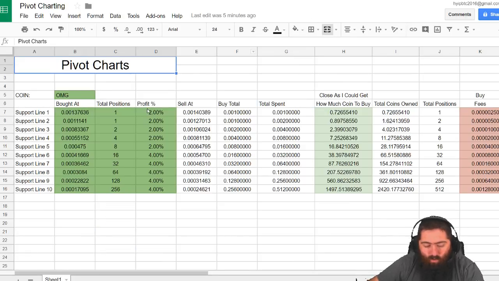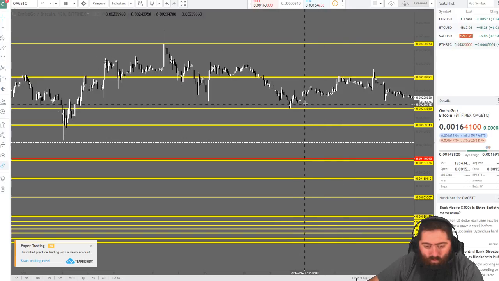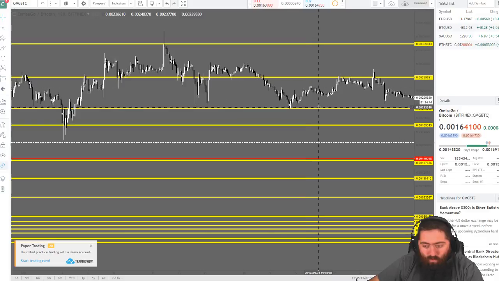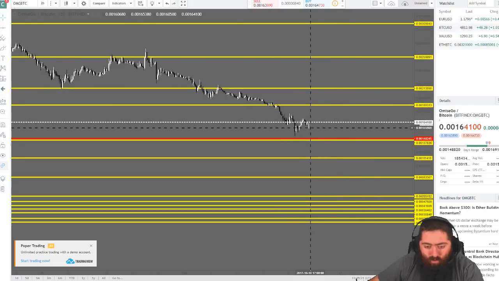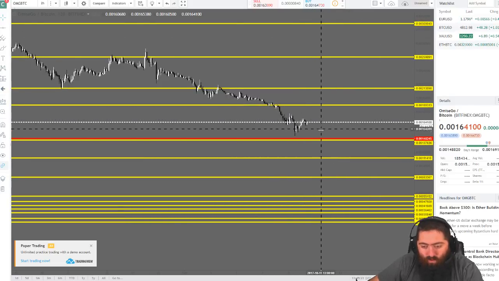Then, if I'm going to do a pivot at the same time on the chart, because I'm watching this and I know that we're going to be bouncing around a whole lot, I want to hop in some pivots in between.